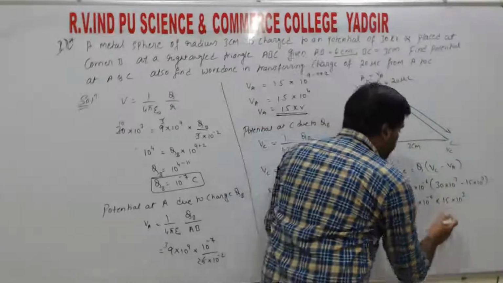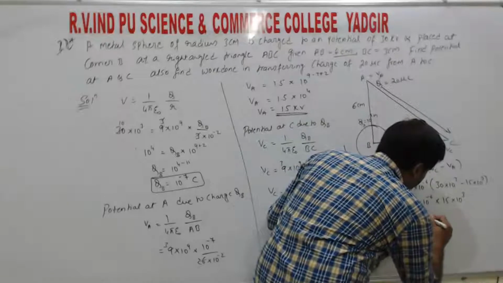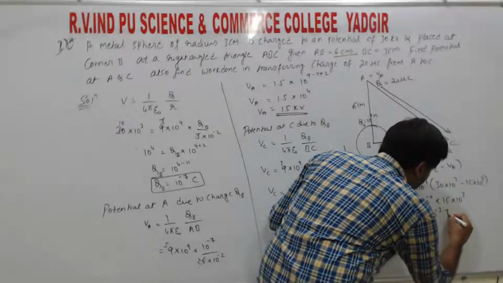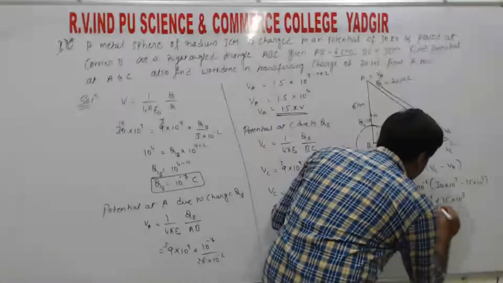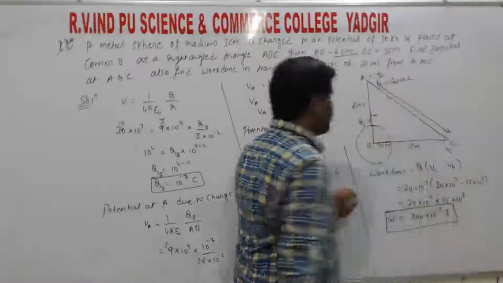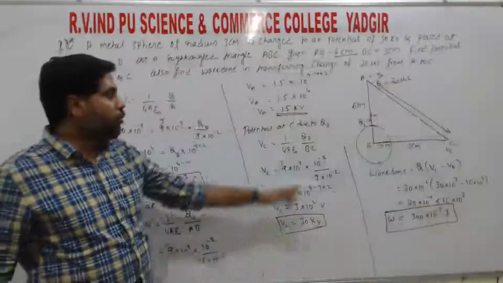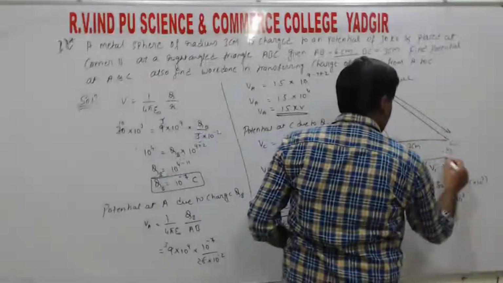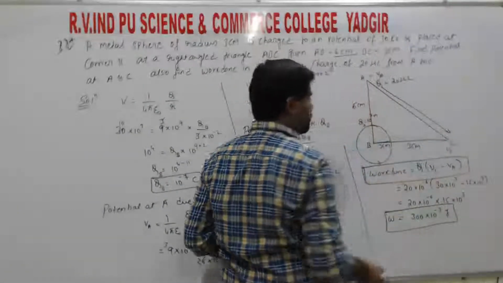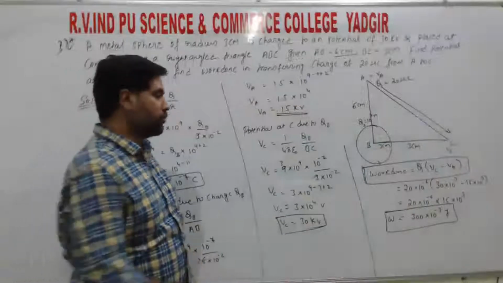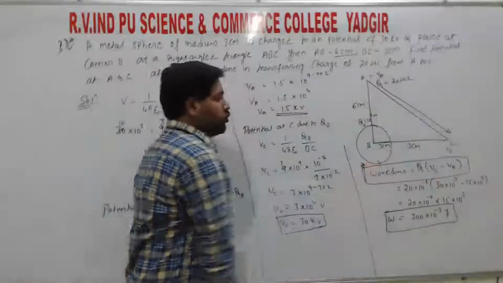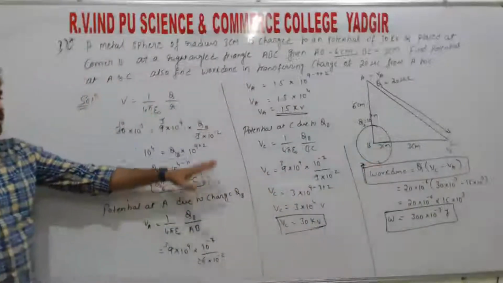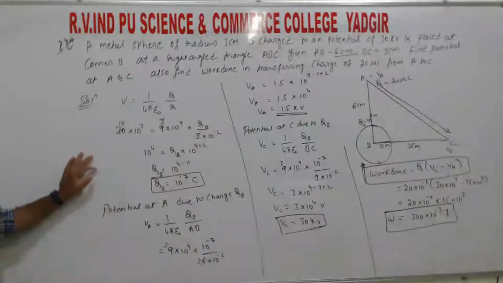So 20 into 15, that is 300 into 10 to the power of minus 3 joules. So this is the work done in bringing the 20 microcoulomb charge from point A to point C. So this is the one formula you need to remember. Work done, in many problems they ask work done. Potentials with work done, this is another method, right?